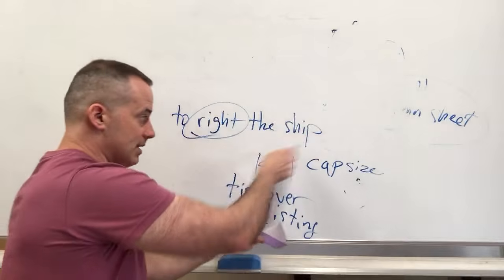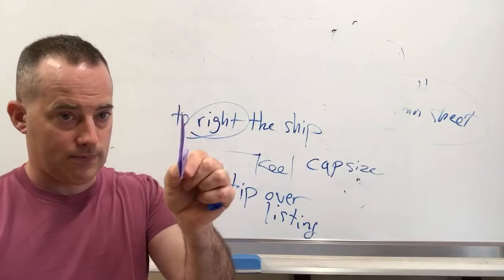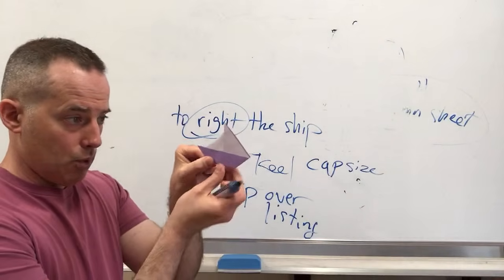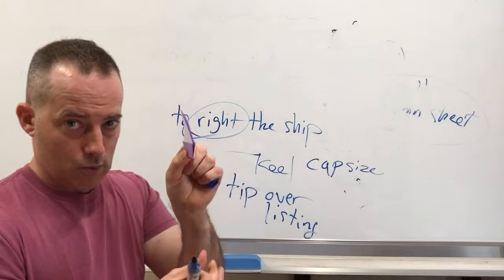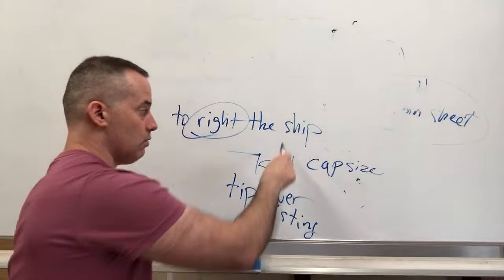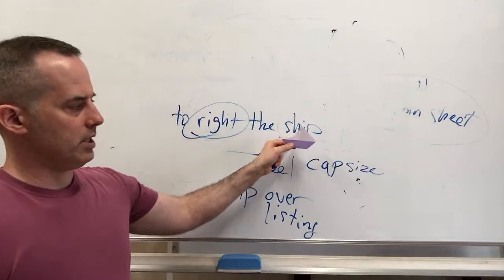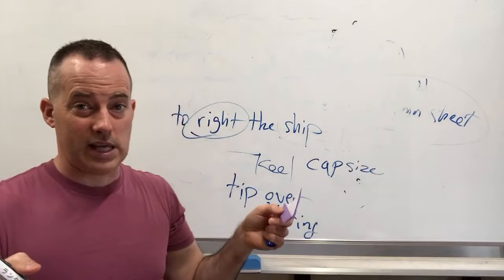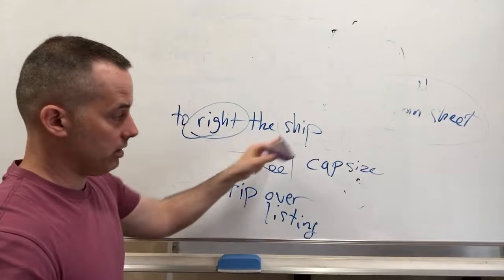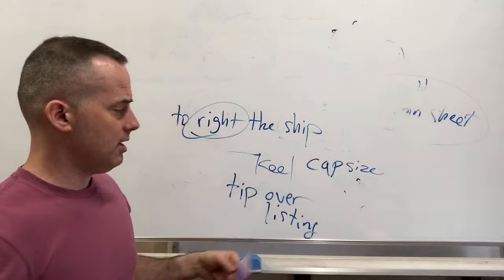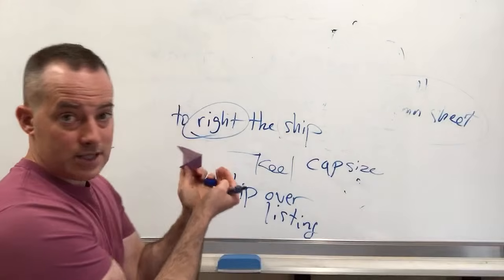All right. So this is the physical idea of where we get this. This phrase comes from just trying to get a boat to stay up straight, to right the boat, or to right the ship. Typically we will use ship because we're talking about a larger thing, a larger boat like a cruise ship, rather than a small boat like we're in the same boat.